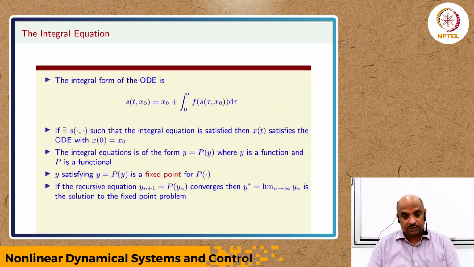The questions regarding multiple answers are still very difficult to address, but at least there is a way to show that if the sequence coming from this recursive equation converges, then we have a solution, right?